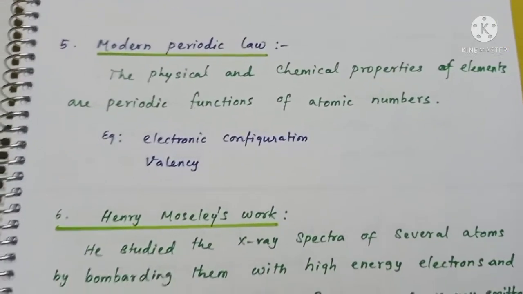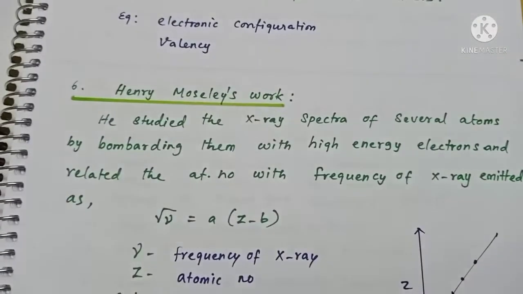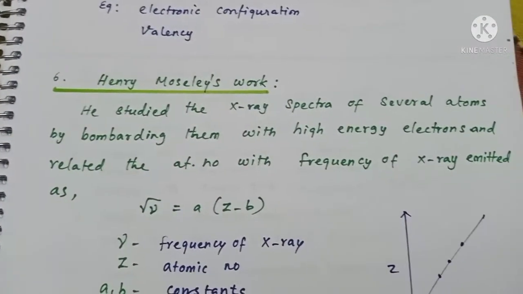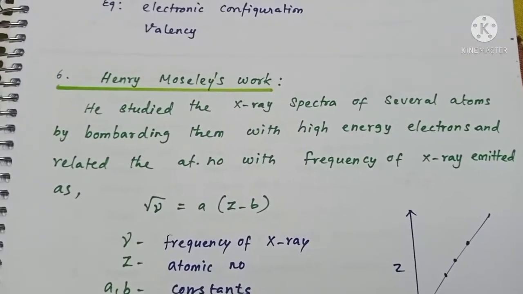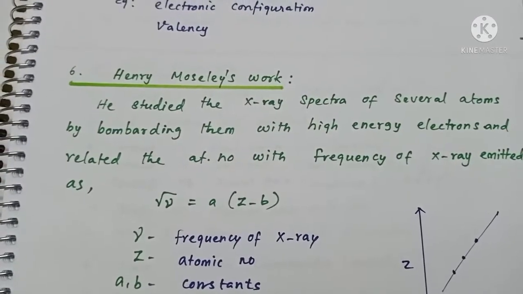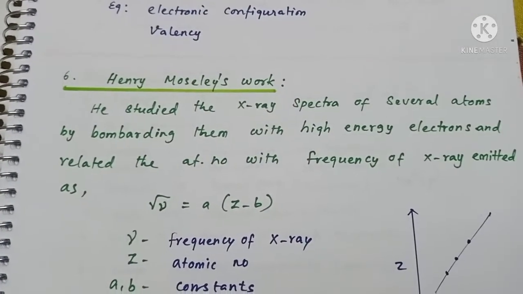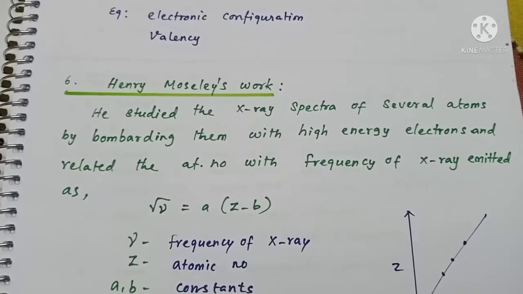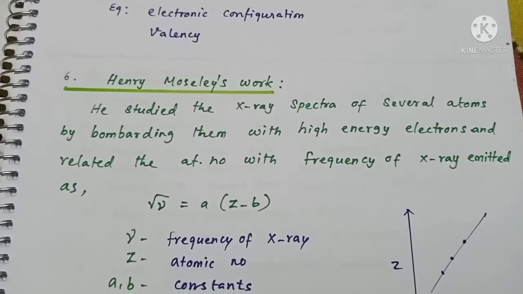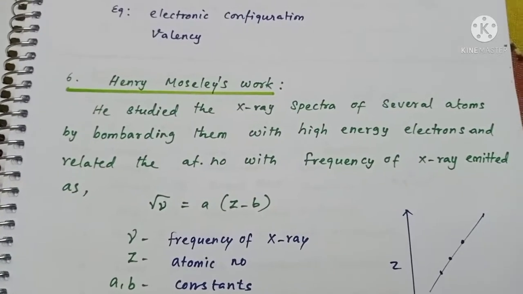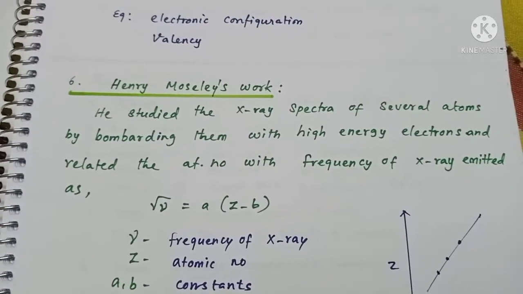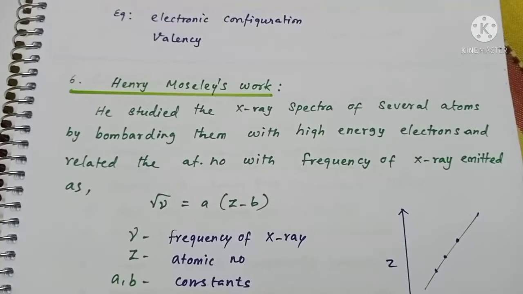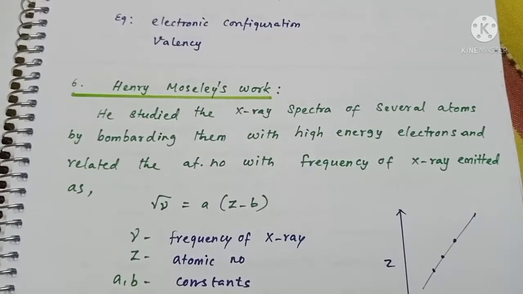number. Then one more, Henry Moseley's work for the construction of the periodic table. Moseley studied the X-ray spectra of different elements by bombarding those elements with high energy electrons. In his experiment, he took different elements, atoms, and passed high energetic electrons over those atoms.